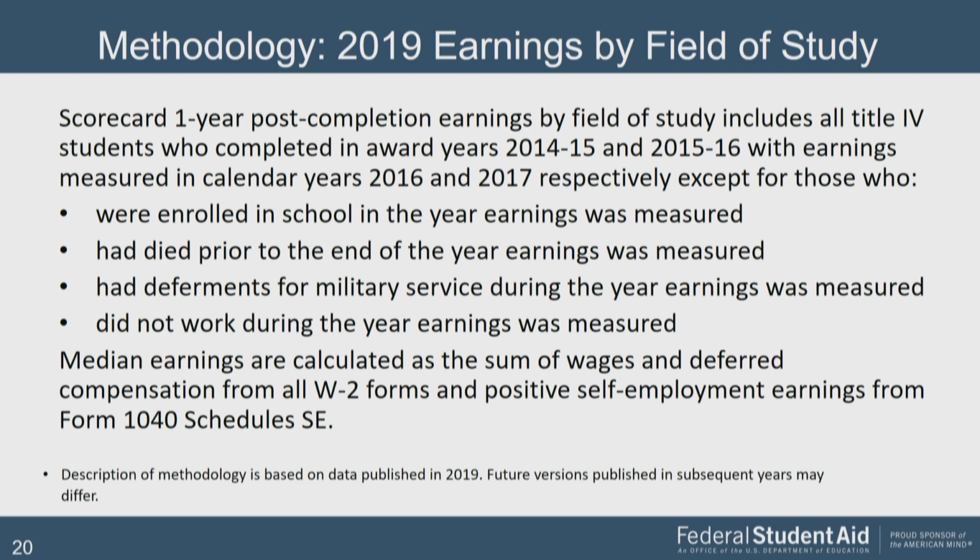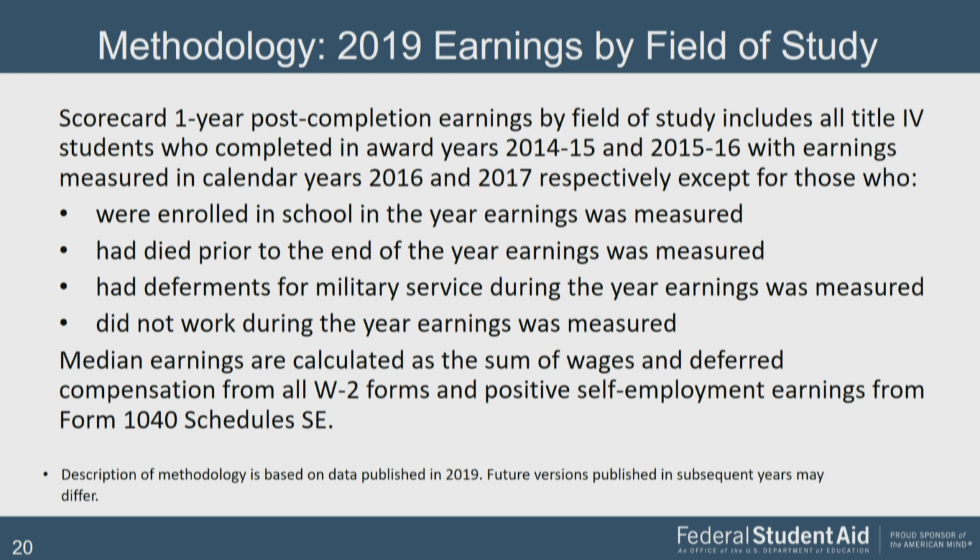We exclude those who were enrolled in school the year that the earnings were calculated. So basically, if you went on from an associate's to a bachelor's, or a bachelor's to a master's, we would eliminate you because you weren't earning money, right? You were studying.